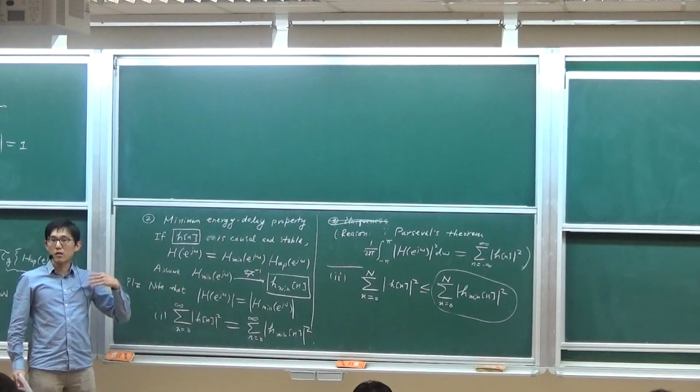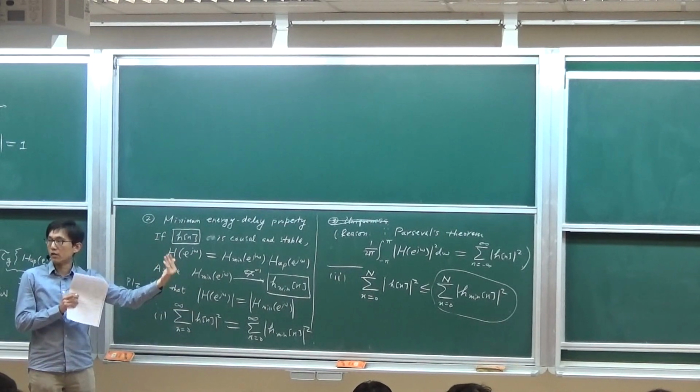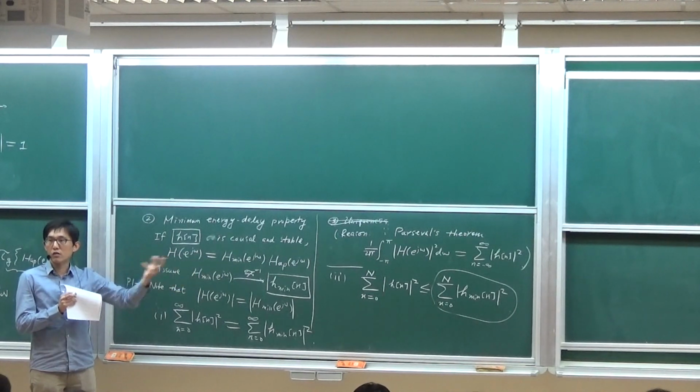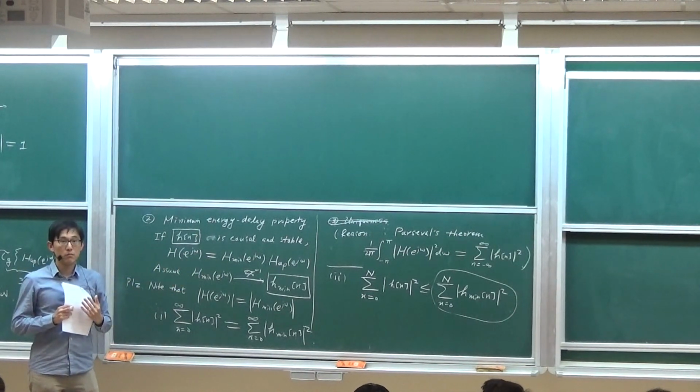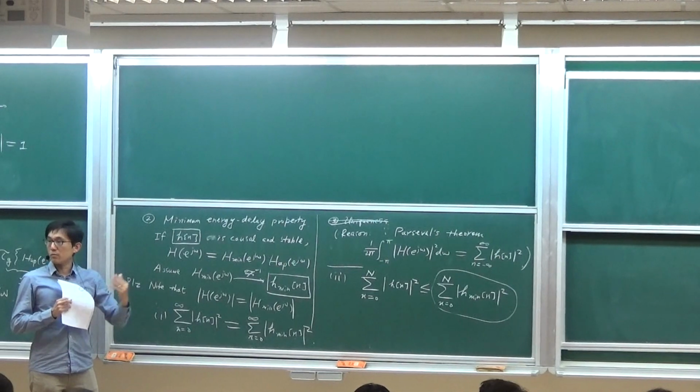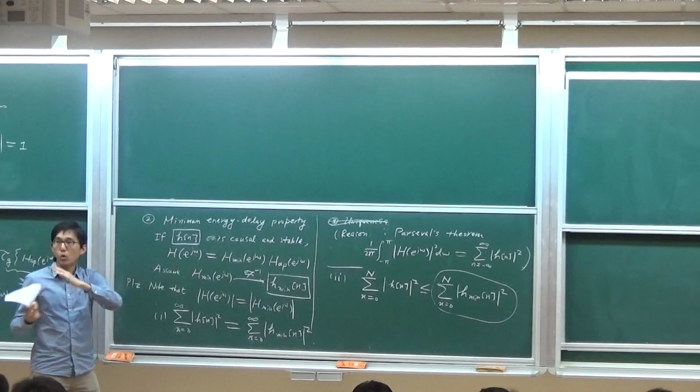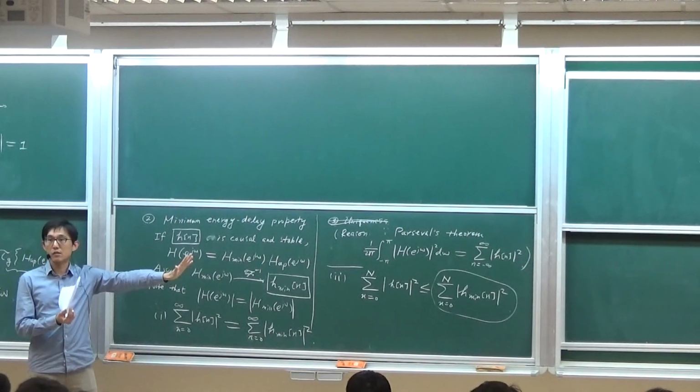But the partial energy, if we stop counting at time N, the minimum phase system has the most energy concentration toward early time. Is that clear? Its energy distribution is more concentrated toward early rather than later. That's the meaning.